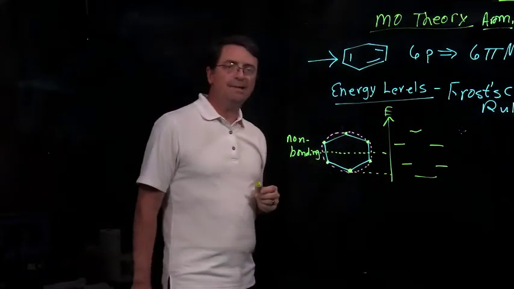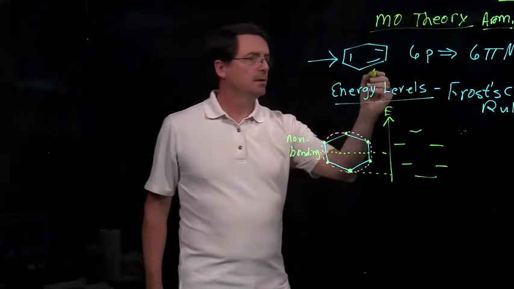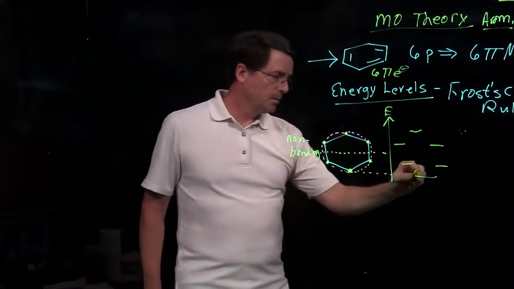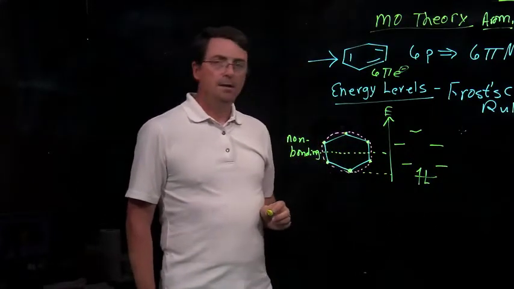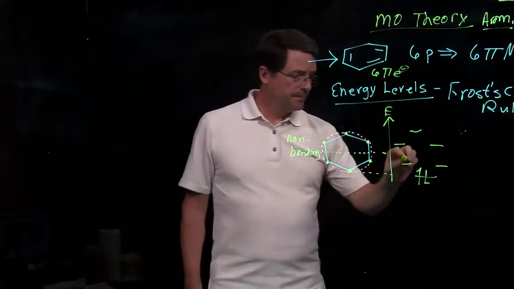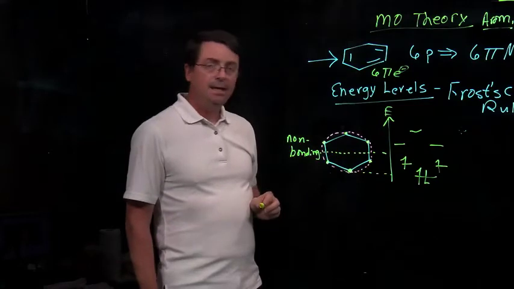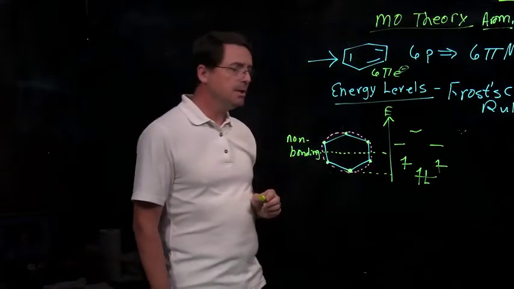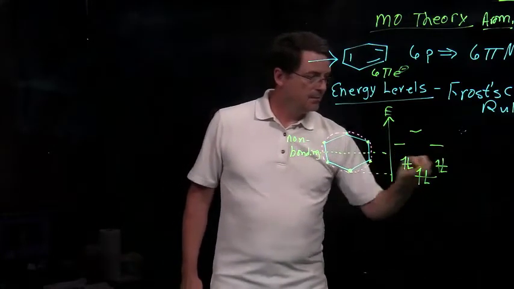Now if we consider benzene, benzene has how many pi electrons? 6 pi electrons. And so we will begin to fill, Hund's rule from Gen Chem, fill the bottom orbital. Next, 3 and 4, we put 1 in each of the orbitals that are degenerate in energy, and then 5 and 6.